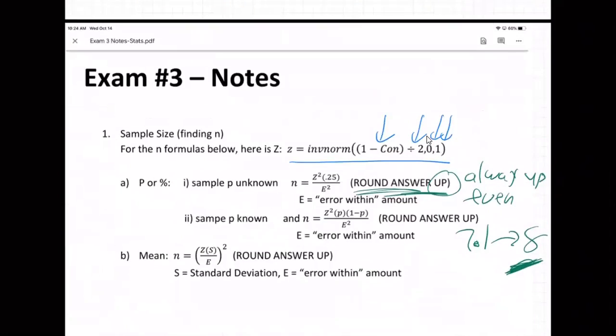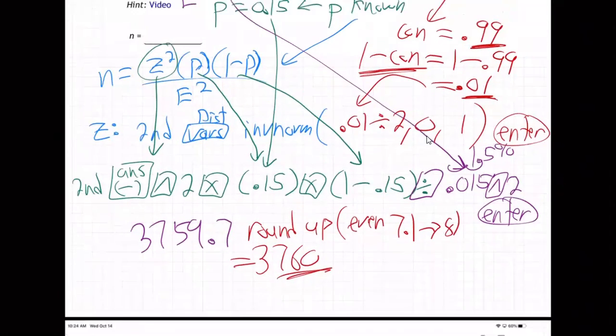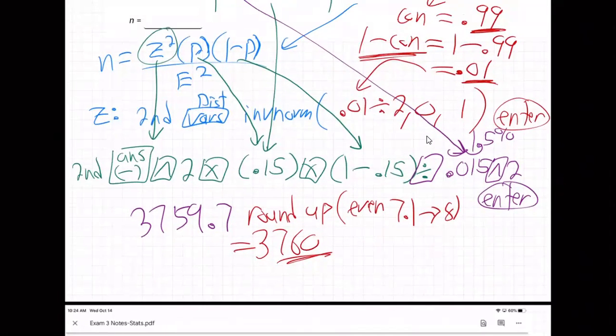And notice they all say in the formula, round up, round up, round up. So you really have to round those up. Even if you have 7.1, it'll round to 8. So 3759.6. Even if I had 3759.1, even if I had 0.1, I'm going to round up because more people are always better.